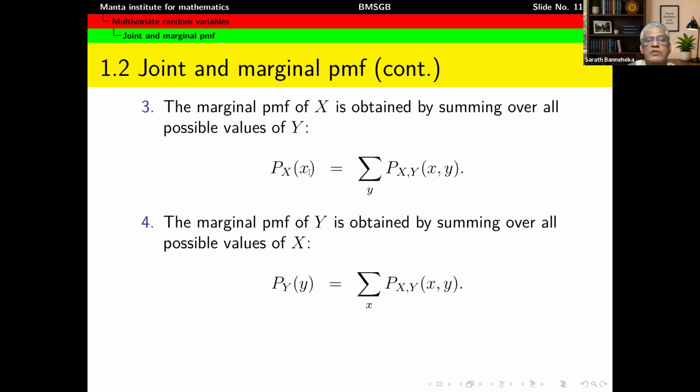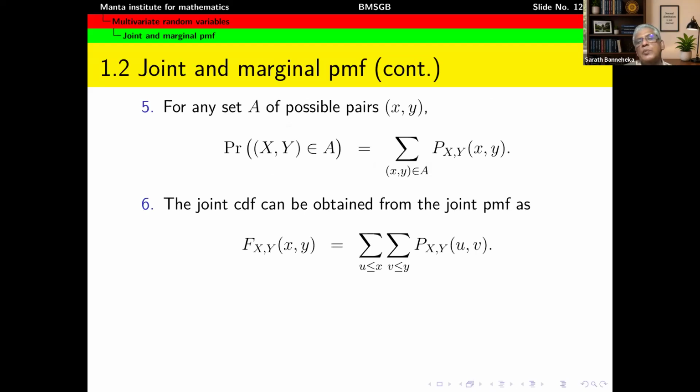So here, if you are considering, for example, x equal to x naught, then you will be adding p_XY(x naught, y) for all values of y. Right. So like that, we can get p_X(x) for any x value. And similarly, the marginal probability mass function of y will be obtained by adding the joint probability over x. Right. So p_Y(y) is equal to the summation of p_XY over all possible x's.